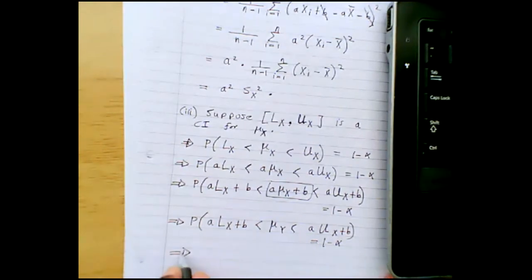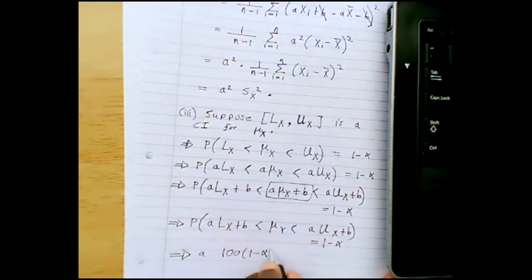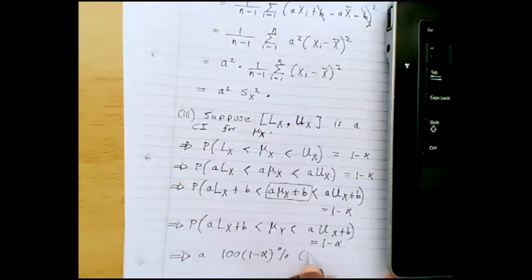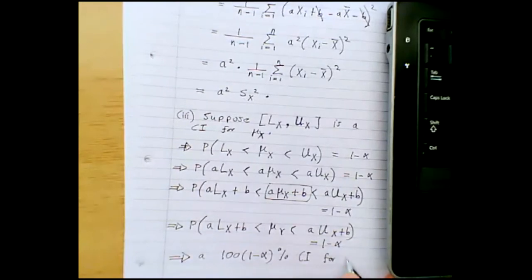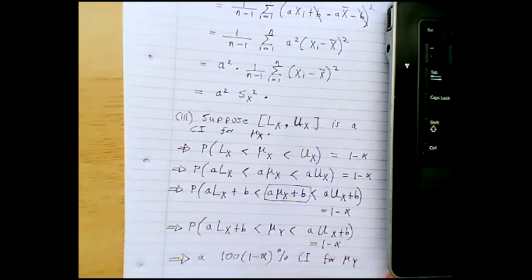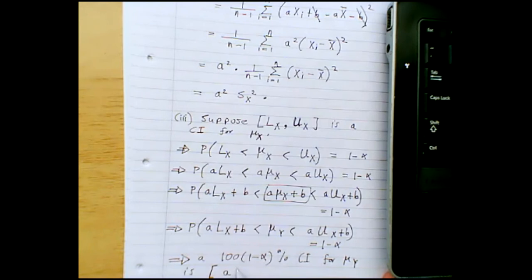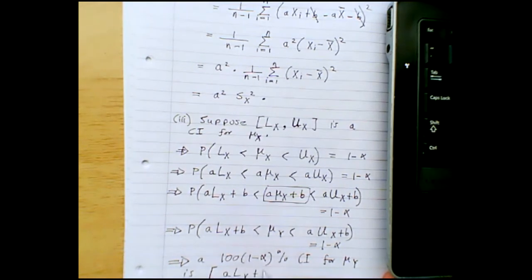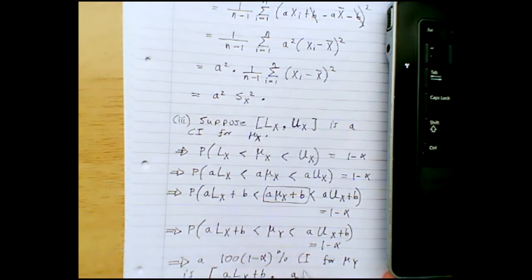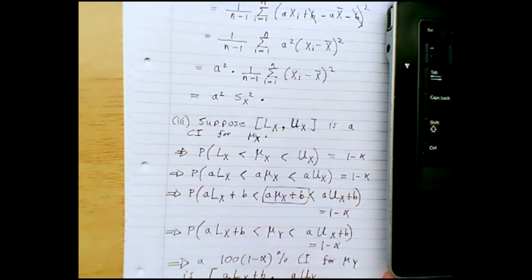So what we have shown is that the 100 times 1 minus alpha percent CI for mu y is the interval where the lower limit is this, and the upper limit is this.